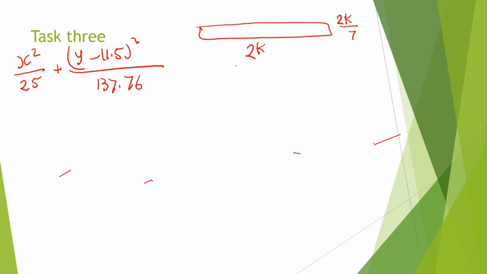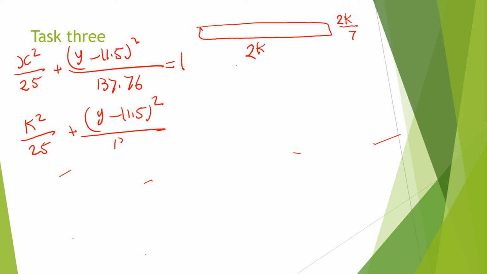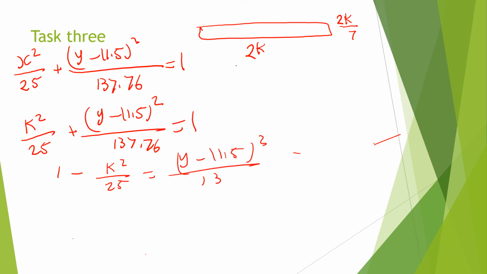I'll just use this value from before. Now substitute half of the width, so it's k. Now rearrange. And 1 minus k square over 25 equal y minus 11.5 all square.